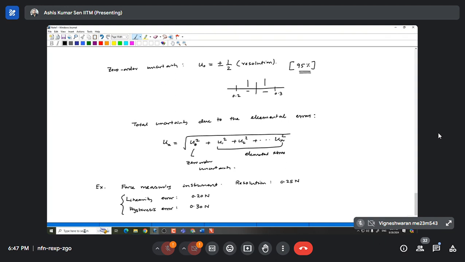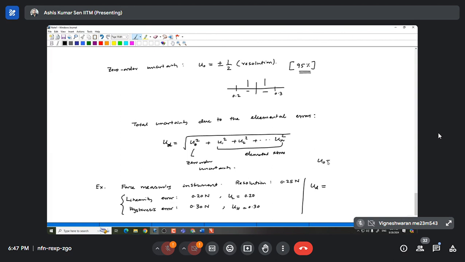Now you want to find the design stage uncertainty. So we can rather specify as UD. So UD is U0 square plus U1 square up to UN square. We only have U linearity, which is 0.20. We have U hysteresis, which is 0.30.